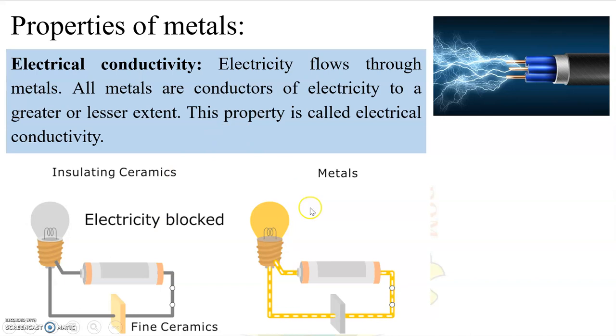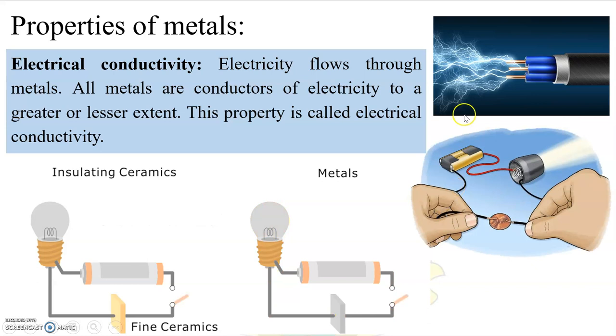Whereas in the next circuit, this sheet is of metal which allows electricity to pass through it. So the circuit is getting completed and electricity flows through the circuit which makes the bulb glow. We can see one more example. Here a battery is connected to a torch and the two ends of the wires are over here on the coin which is made up of some metal.